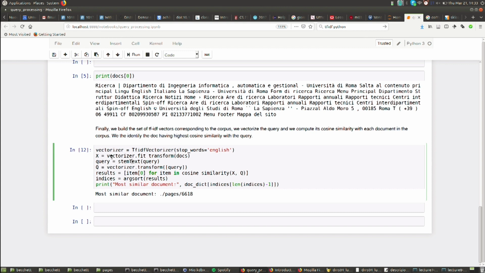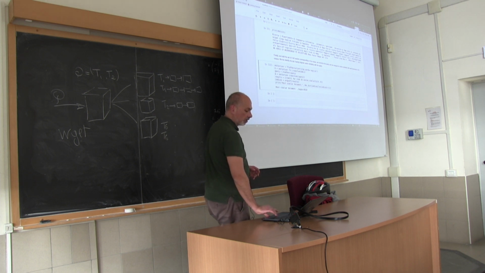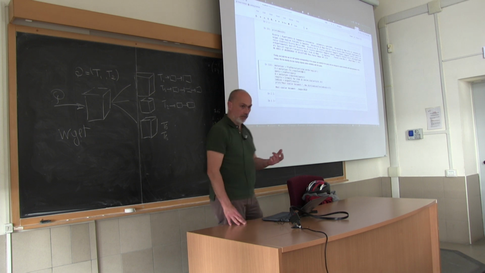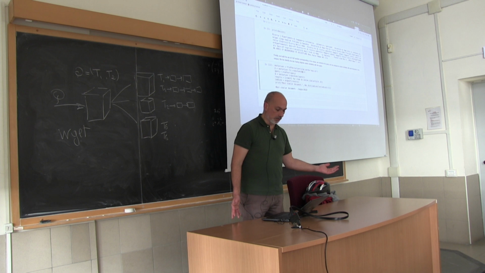Essentially, I invoke a TF-IDF vectorizer, I build a vectorizer object, and then I transform the set of documents. Remember, this is a list of strings, and it is transformed into a matrix. Nothing more than that.